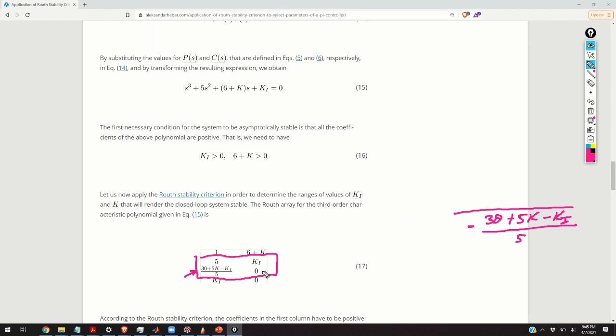So the determinant becomes 5 times 0 is 0 minus ki multiplying the entry (30 plus 5k minus ki) over 5. So what do we see over here? Immediately these two terms can cancel, and at the end we obtain ki, and this is the element over here, and the next element in the fourth row is equal to 0. And we are finished.